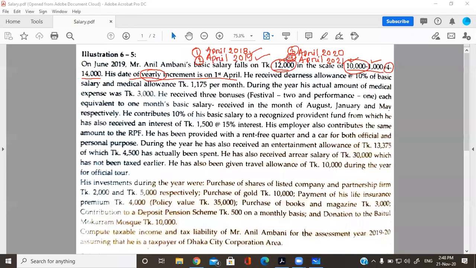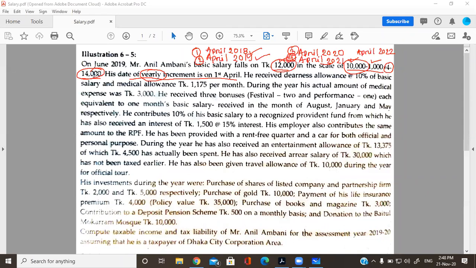So you can ask me, on April 2020, what will happen? The answer is that if Mr. Ambani continues in his current position, if there is no promotion from his current position, his basic salary will be fixed at this number, 14,000.